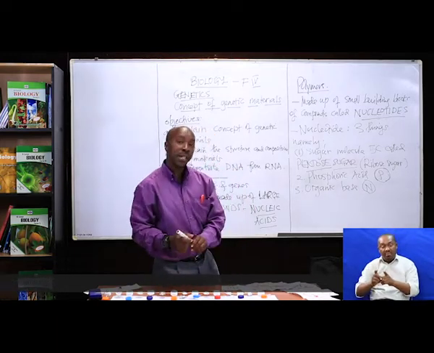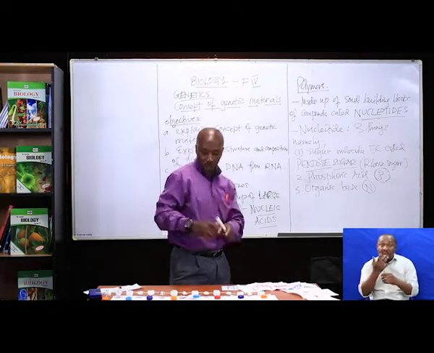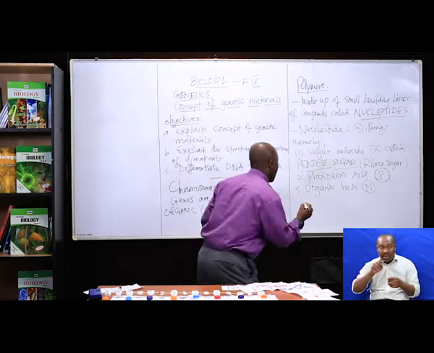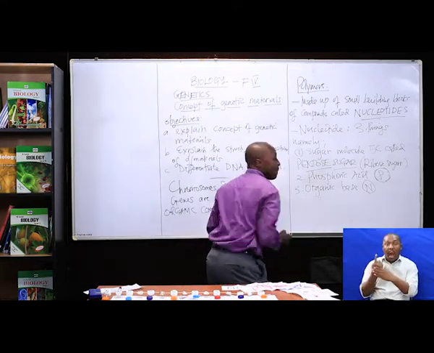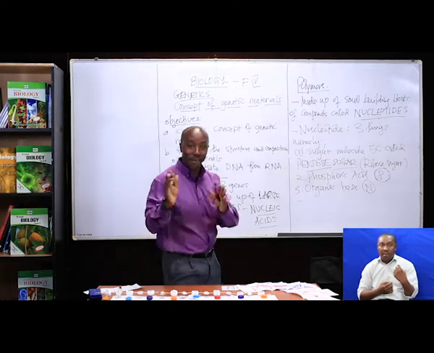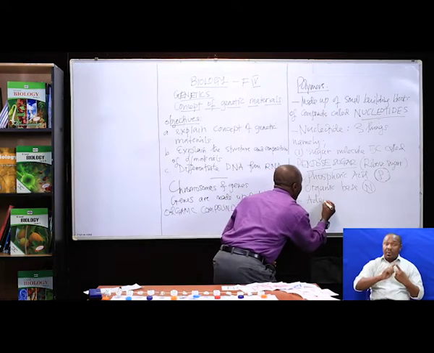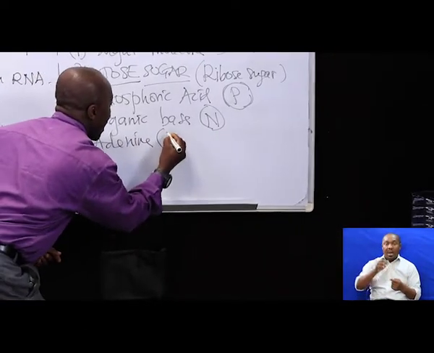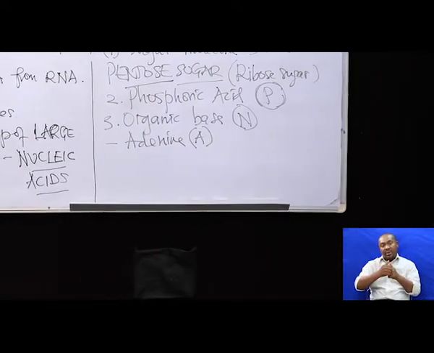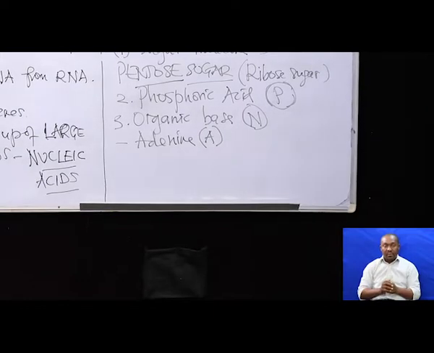So let me give you the types or forms of organic bases which occur in the nucleic acids. Number one, my dear student, the first is adenine, and it is represented by capital letter A. We call it adenine.